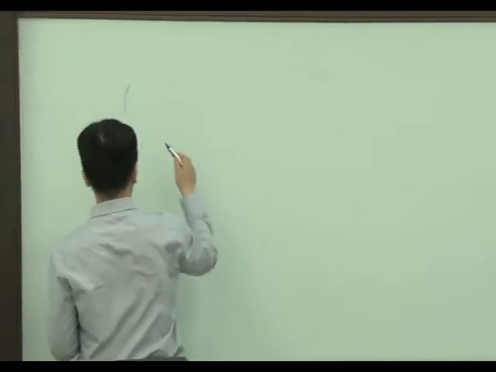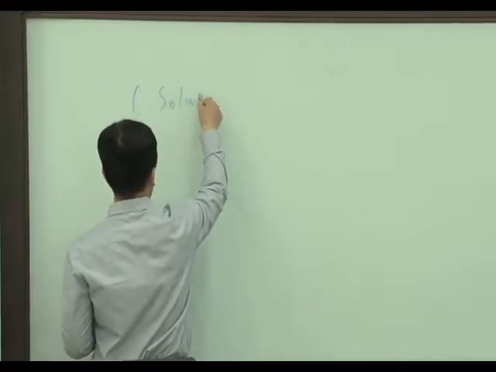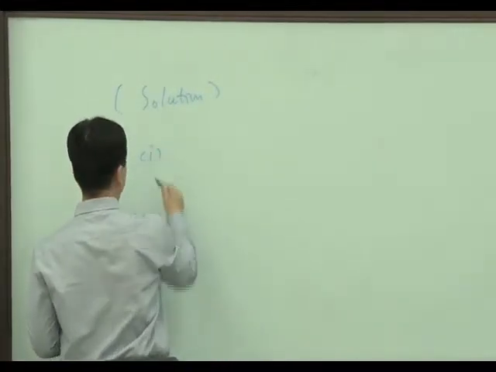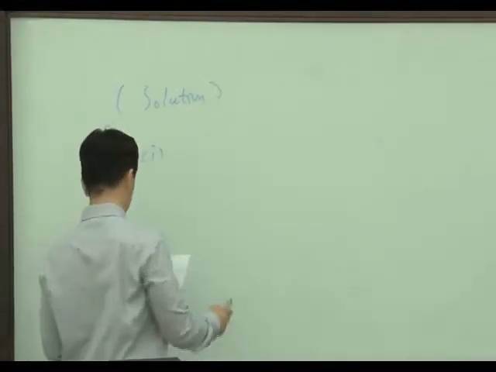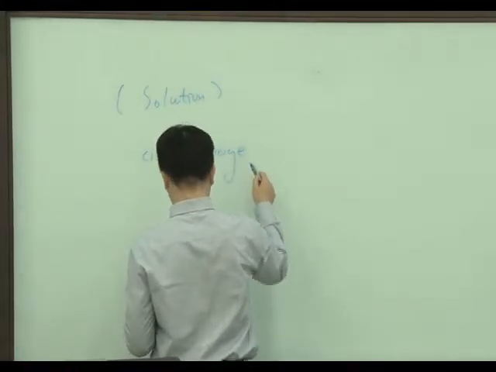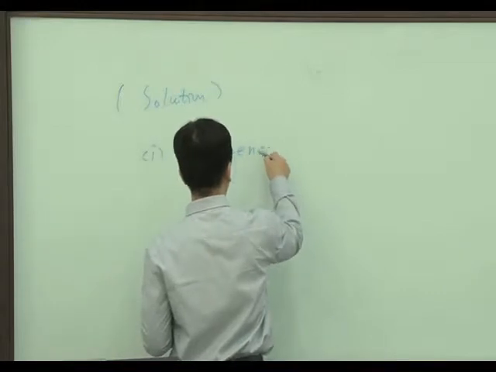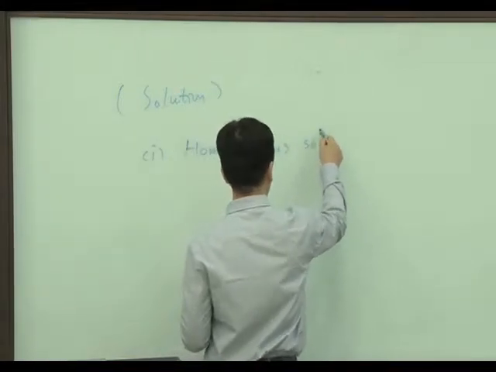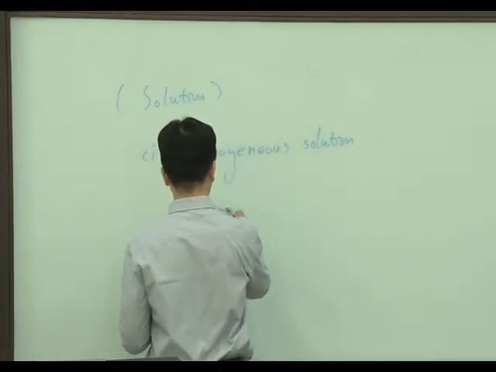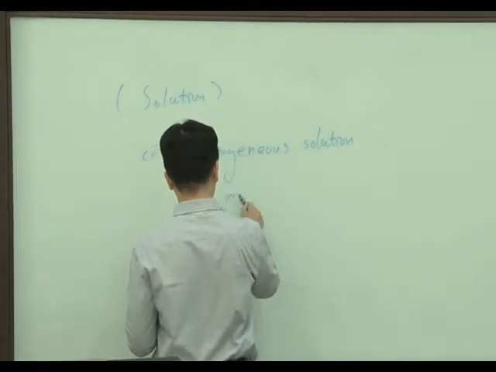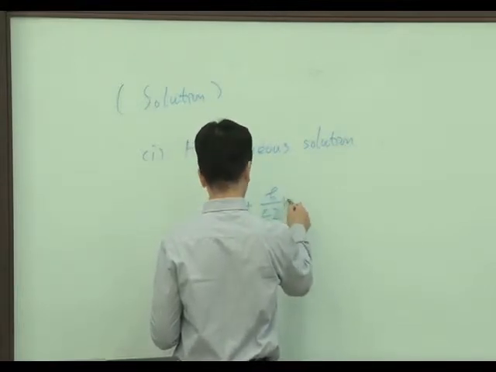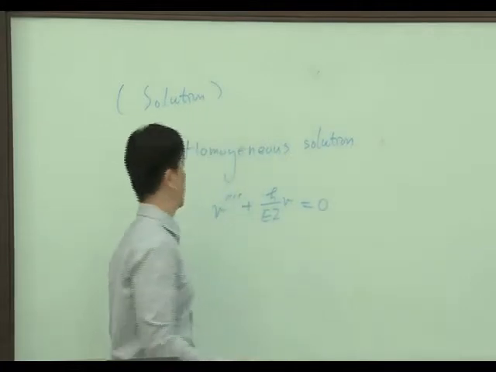So let me think about a solution. First, the homogeneous solution. The homogeneous solution is a solution of this equation, EI v'''' plus K v equals 0, right?